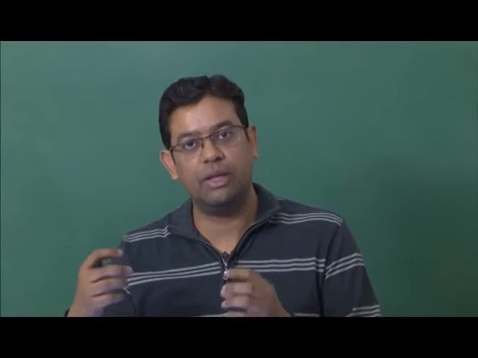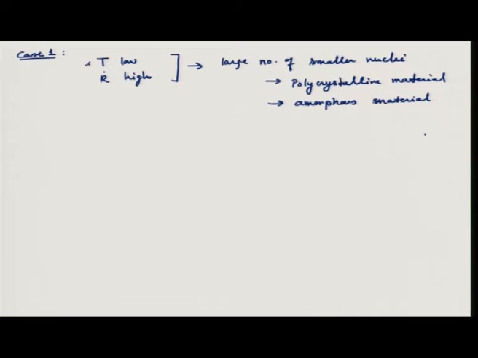But it has to migrate on the surface to be able to find a suitable site. But if the temperature is low, it will not be able to migrate to a large distance. Also, while it's migrating, its migration should not be hindered by anything till it finds a suitable site.